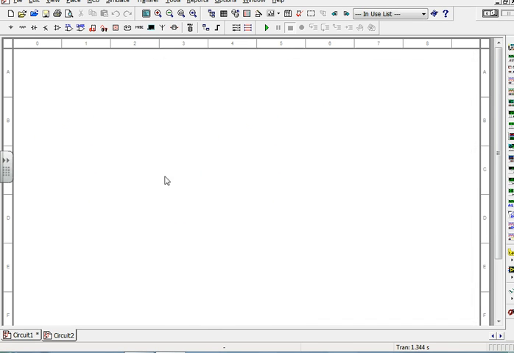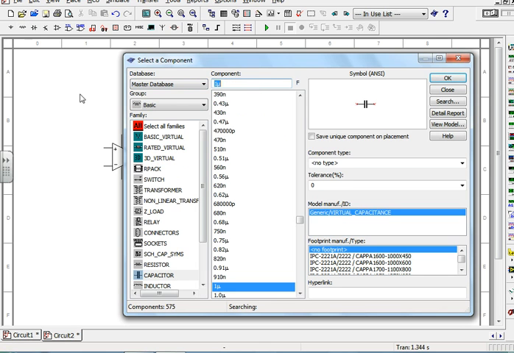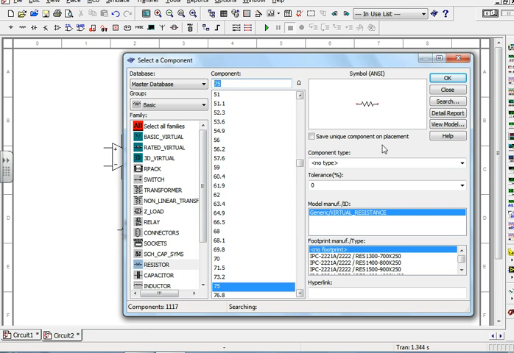Okay, so I'll take that guy, and then I need 4 resistors. One, 2, 3, 4. I need a light emitting diode.